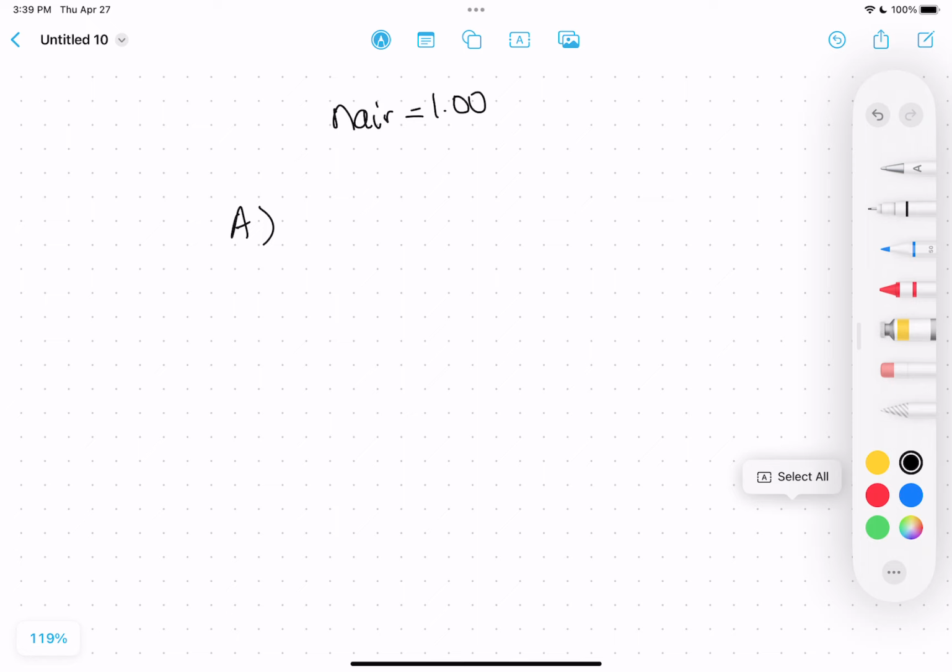Air coming in like this. Then we have oil. Then we have water, right? So the incident ray is coming in like this, and it's getting refracted a little bit downwards like that, and then might get refracted even more like that with water, right?